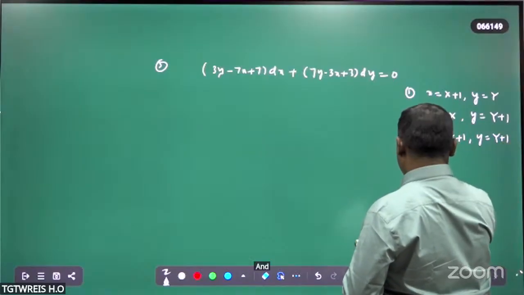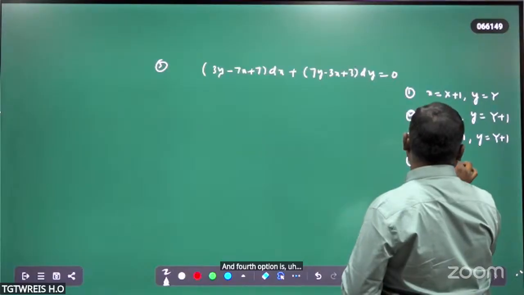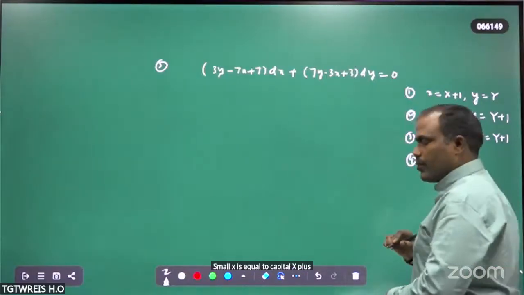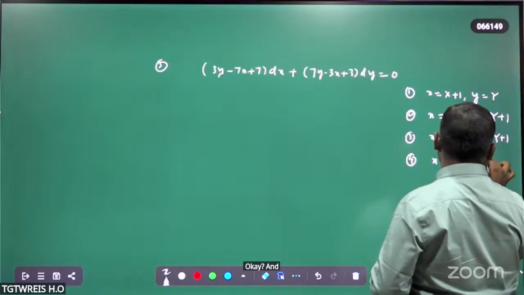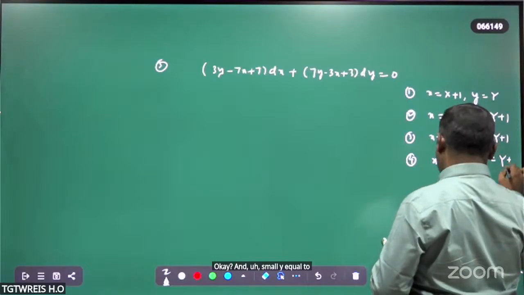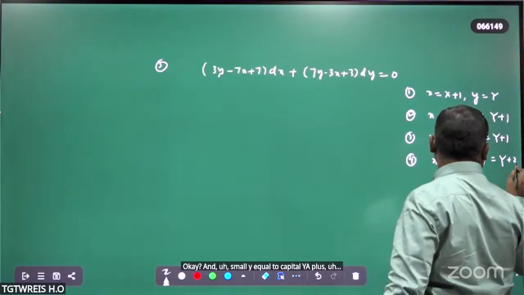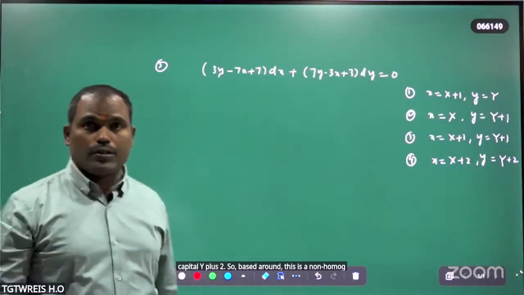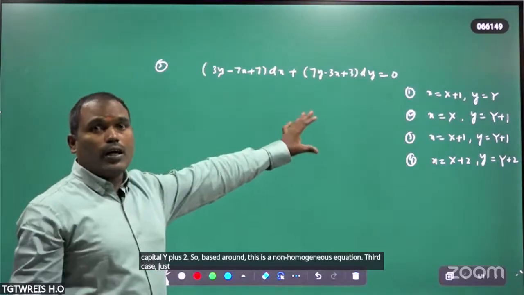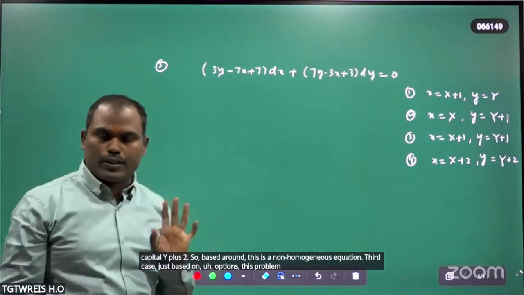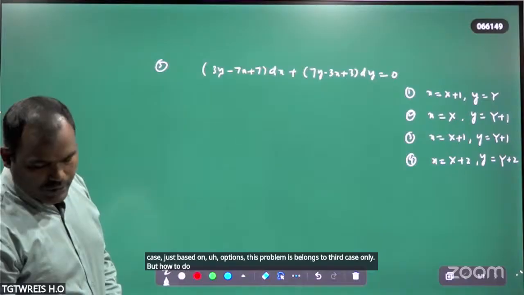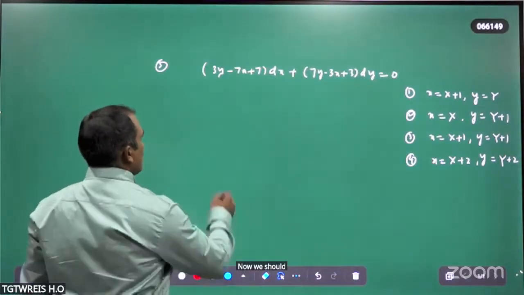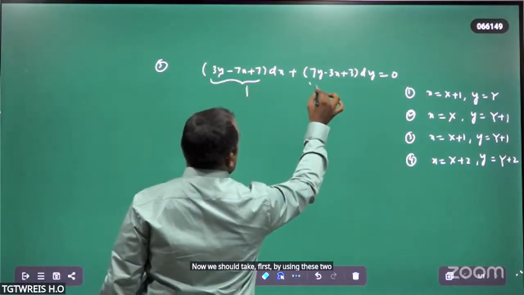Fourth option: small x equals capital X plus 2 and small y equals capital Y plus 2. So this is a non-homogeneous equation of the third case. Just based on the options, this problem belongs to the third case only. But how to do the procedure? Now we should first take these two lines. We take this as the first line.